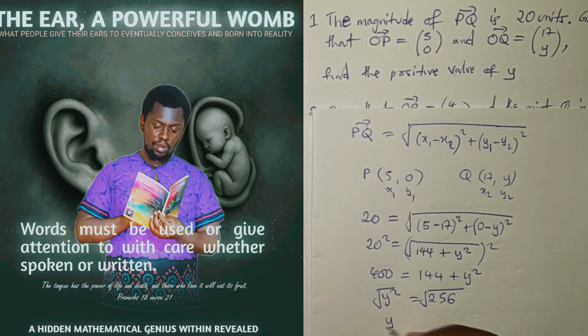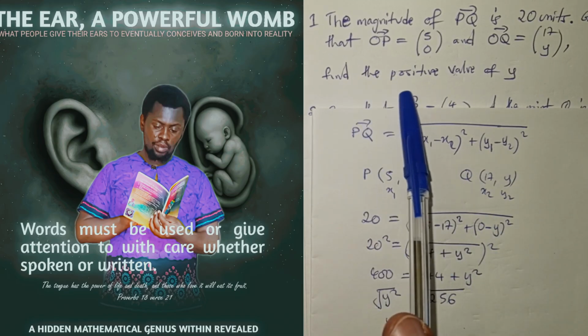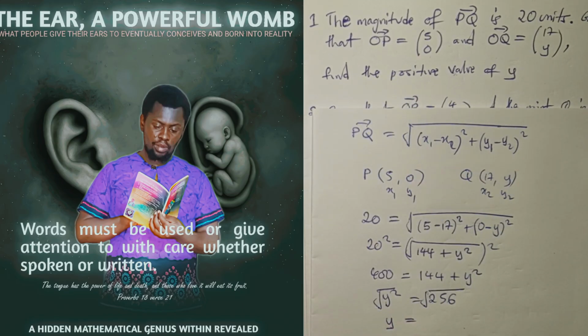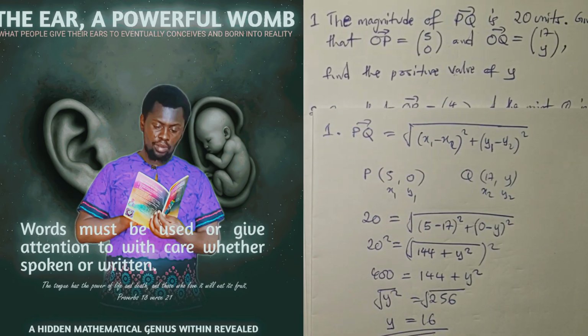So you get y is equal to the square root of 256. You get positive and negative 16. Now, according to the question, we need to find the positive value of y. So the positive value is just 16. So y is equal to 16. So that is question 1.